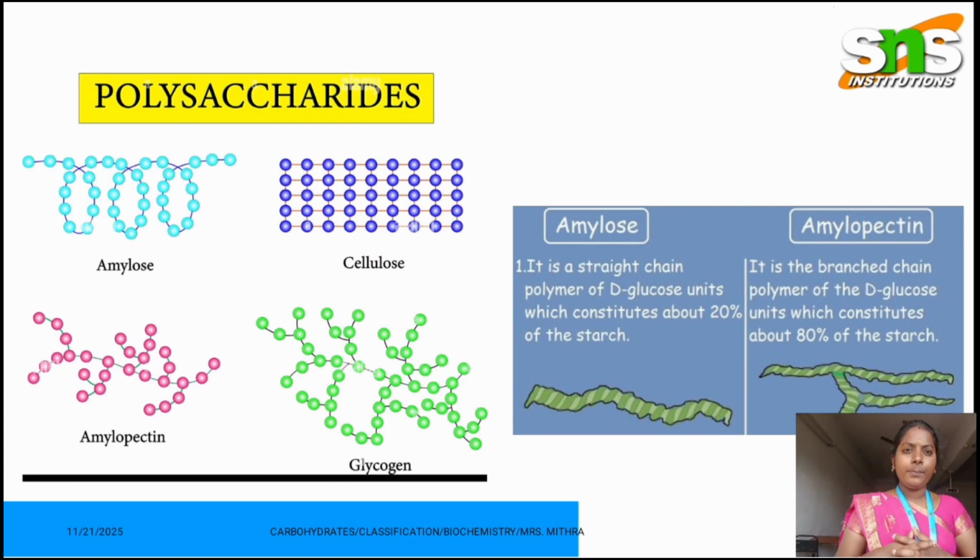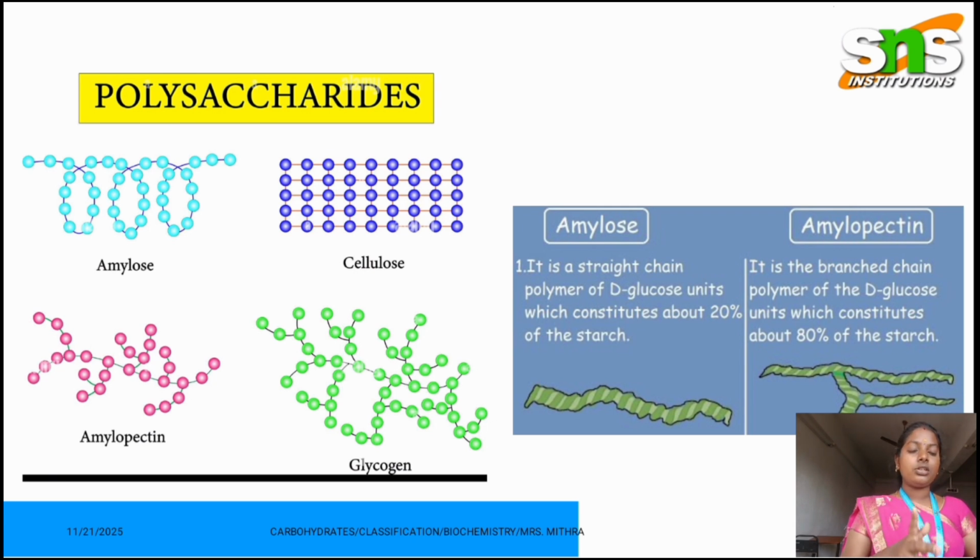So coming to the polysaccharides, we have seen starch, cellulose and glycogen. In starch there are mainly two components: one is amylose and another one is amylopectin. Amylose and amylopectin are the components of starch, and the major difference between them is that amylose is a straight chain polymer, present in a linear chain format, and amylopectin appears in a branched chain form.